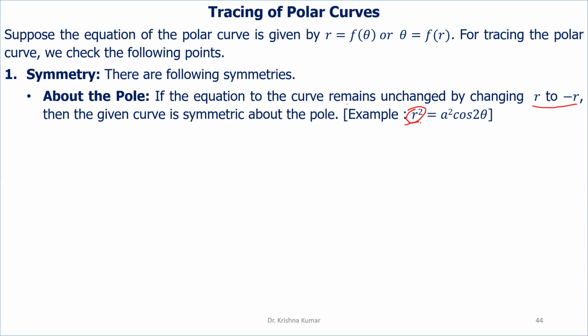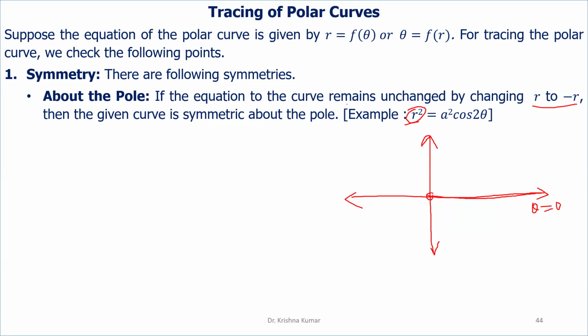The first very important point is, in the case of a polar curve, we don't say x-axis and y-axis. Here we will say this part is called the initial line, theta equal to 0. Means x-axis is called the initial line.